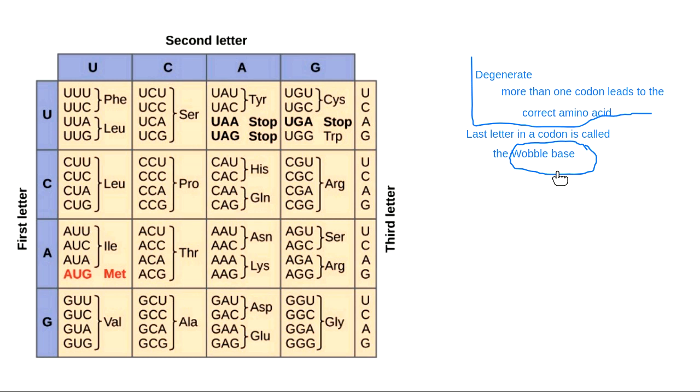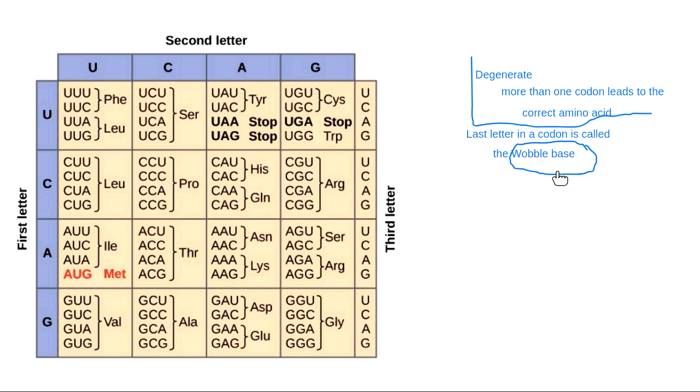Our goal is to have as many ways as possible to end up with the correct amino acid added into our protein chain. So by having this wobble base, by having more than one way to get to the right answer, it increases my chance of building the right protein. It increases my chance of putting the right amino acid into my amino acid chain.